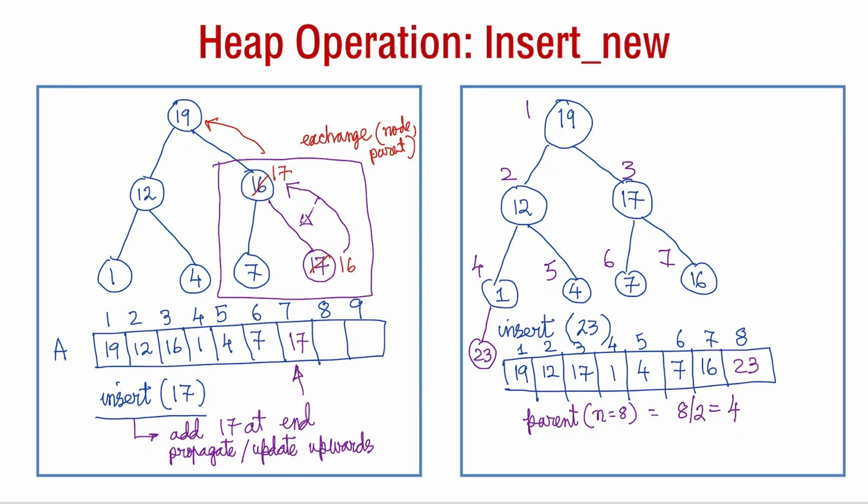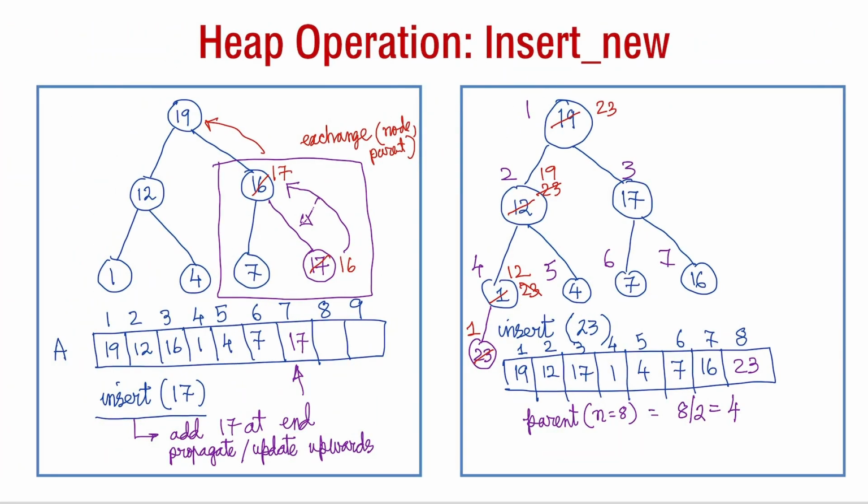This is how it is inserted to ensure that the complete binary tree property holds. Now this is a complete binary tree, but it does not satisfy the heap property. So this will be exchanged, this will become 23, this will become 1. Again 23 will go up here, this will become 12. Again 23 will go up here, and this will become 19. By this, we have the insertion of a new element into the heap.